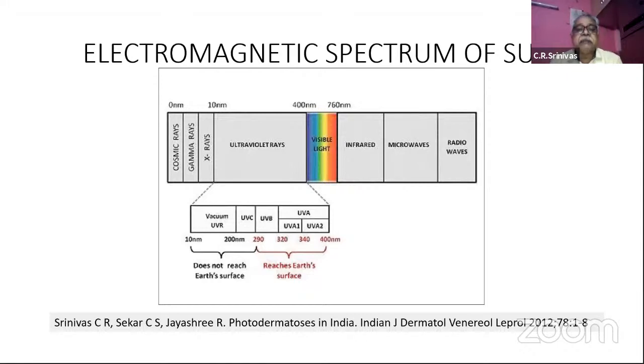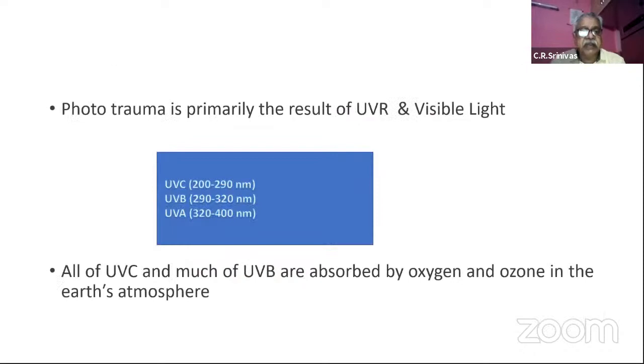Of the dose that reaches, just 5% is ultraviolet B. Rest all is ultraviolet A. A small amount of ultraviolet B and a large amount of ultraviolet A reaches along with the visible light and the infrared rays. So this is the spectrum. UVC is cut here, it doesn't reach. UVB 5%, UVA most of it.